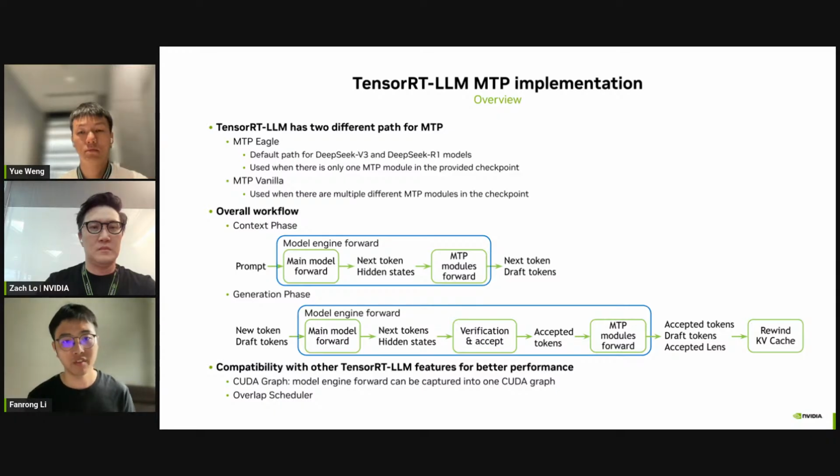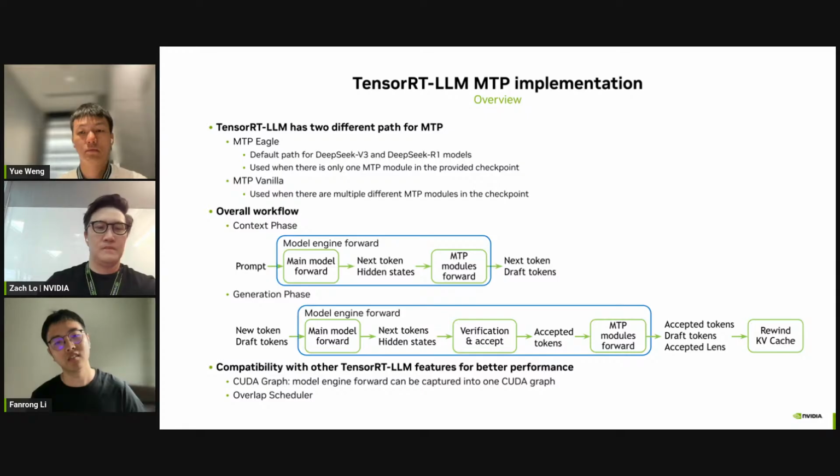In the generation phase, we get the new tokens and the draft tokens. We input all of those tokens to the main model forward, and then we can predict the next tokens and their hidden states. The next step is to verify which draft tokens can be accepted.